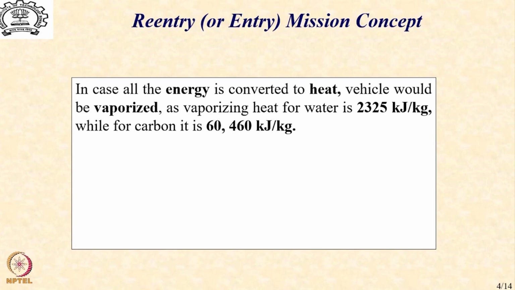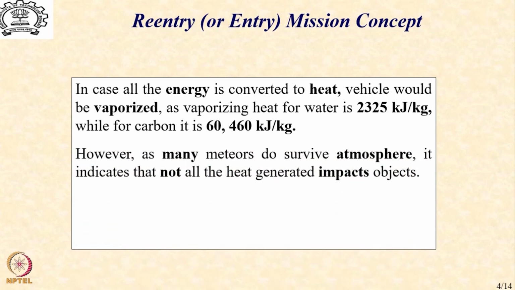And the 60,000 kilojoules per kg is the minimum energy with which you will come when you are coming from a mission to outer planet. So obviously you realize that using this mechanism is not going to be directly practically feasible unless you can manage the heat generation in an appropriate manner.